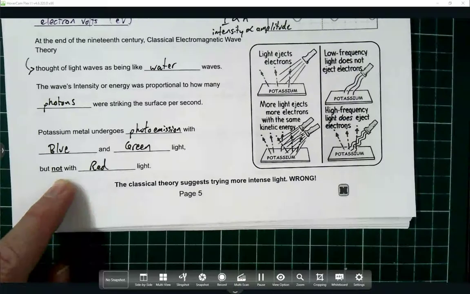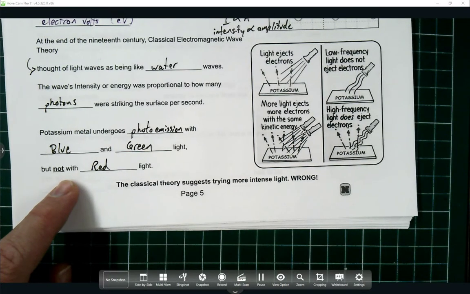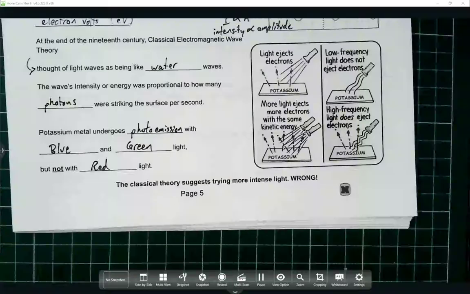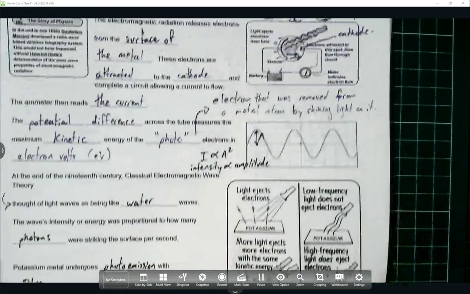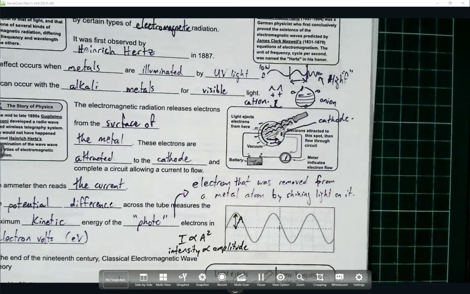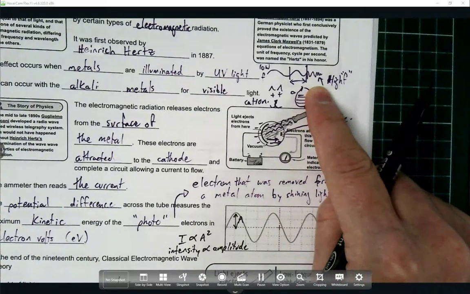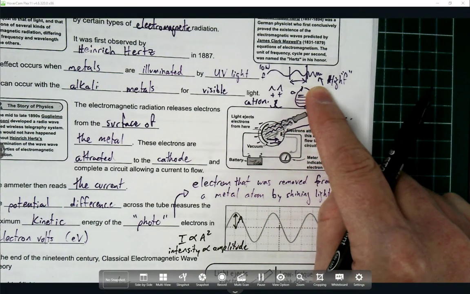And at the time, this was a little bit of a concern. They're like, well, if we just make it brighter, shouldn't that be more energy? More flashlights for everybody, right? Agreed? Well, remember what I said earlier. Electromagnetic radiation is higher energy when the frequency of the light is higher, right?